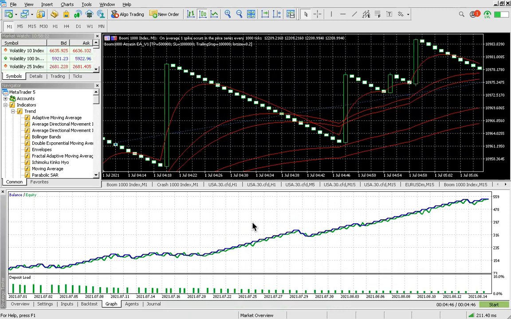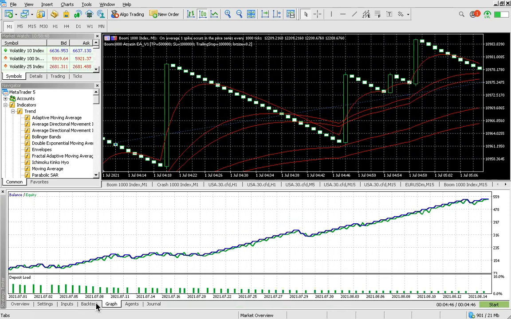Okay, and the good thing about this is you won't get wiped out without knowing, because you're not trading against the spike. So the loss value, you can actually monitor it, and you have a stop loss and a trailing stop that's actually following. So the market has got breathing space as well.